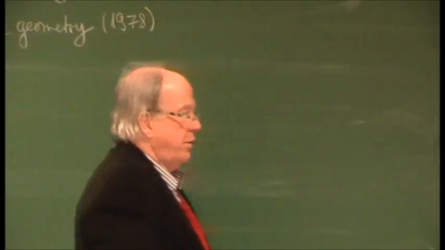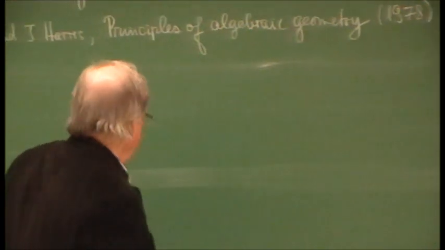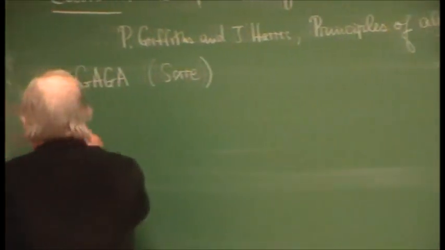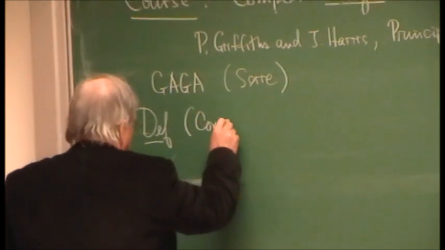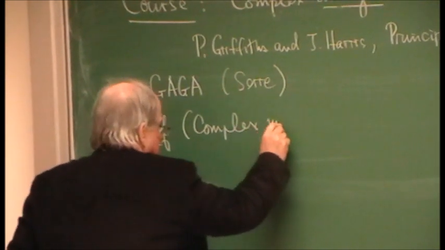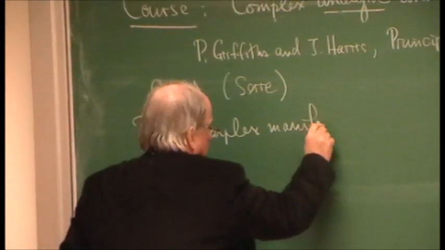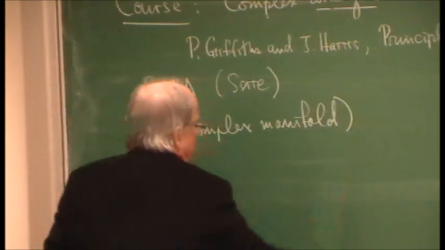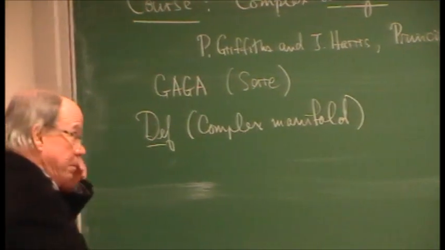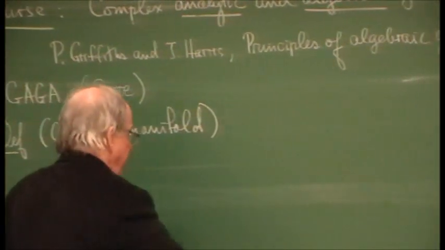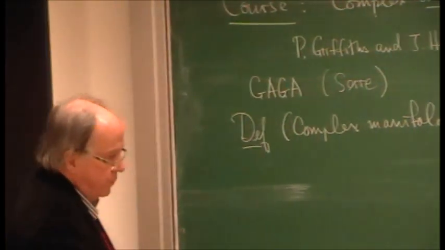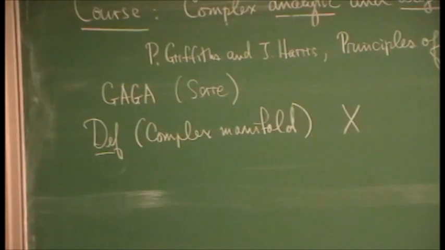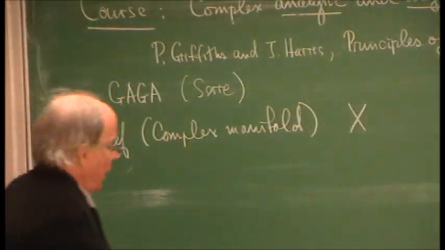So we take the easy route and start with analytic objects, and we begin therefore with a definition of a complex manifold. Well, all of you are familiar with real manifolds, so this thing is a real manifold. For me, it will always be paracompact, I think.